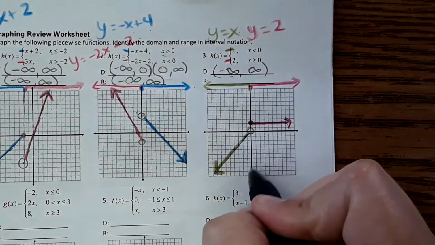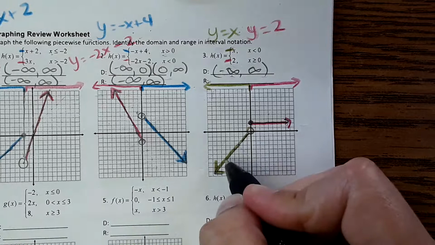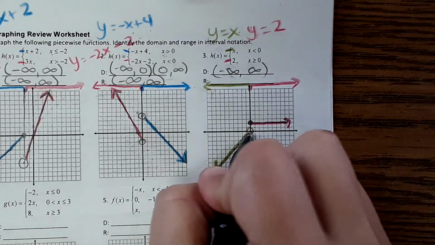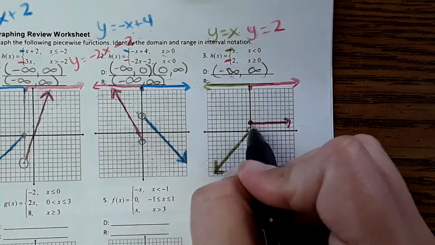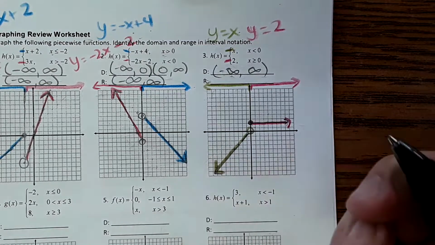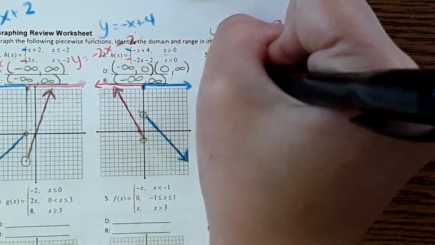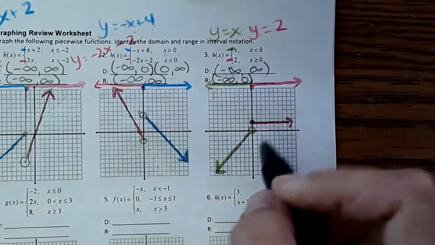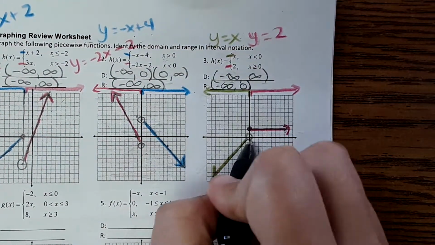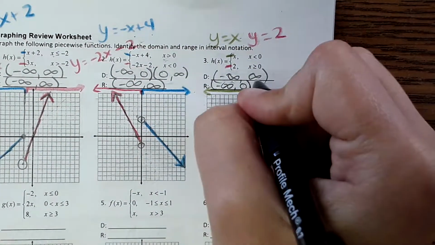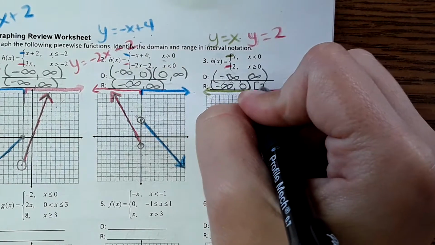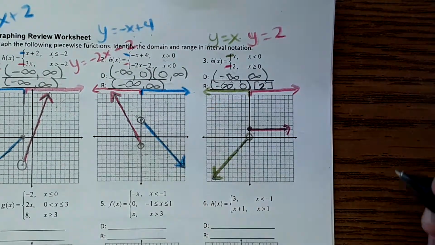And range, it's all negative numbers, and then it gets up to 0, and then there's a break in between 0 and 2. So negative infinity up until 0, parentheses because it has an open dot on 0. Then it picks up again at just 2. Close bracket 2.